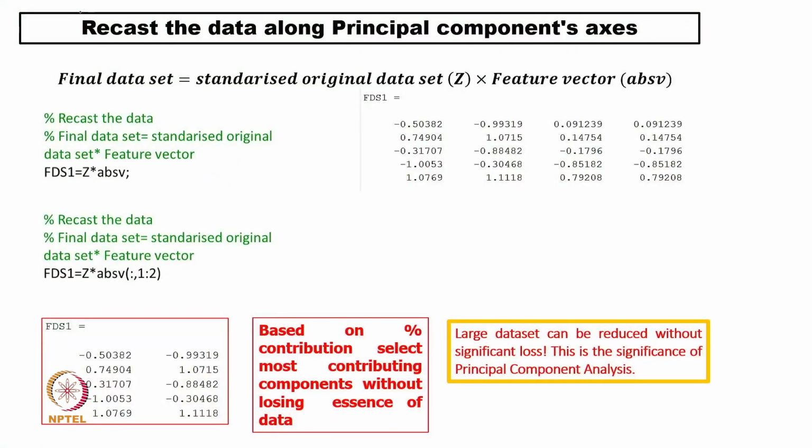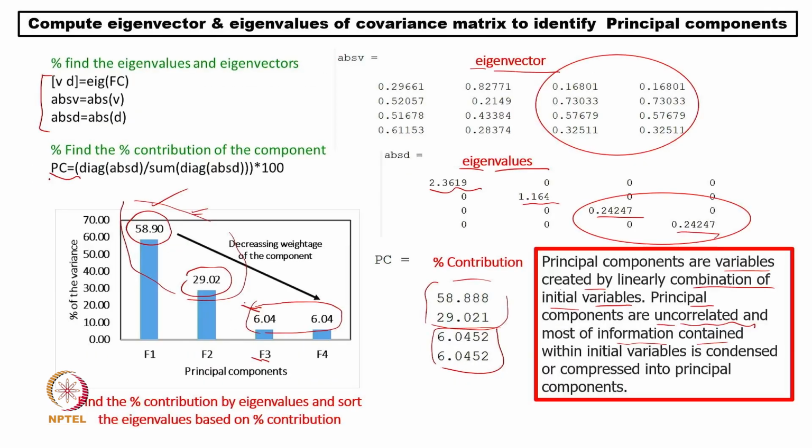We mentioned the word recast, and that is how the data can be recast. If I assume there are two principal components and we find F1 and F2, that is also possible. However, for the recasting, initially we take whatever we calculated, F1, F2, F3, F4, all four.